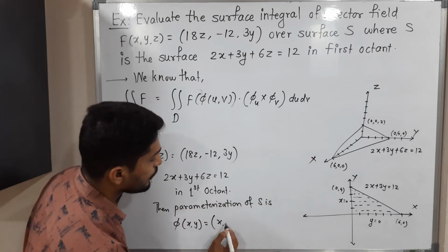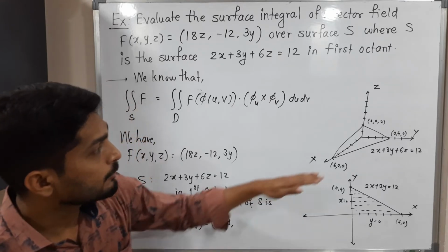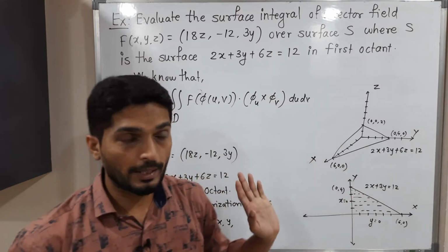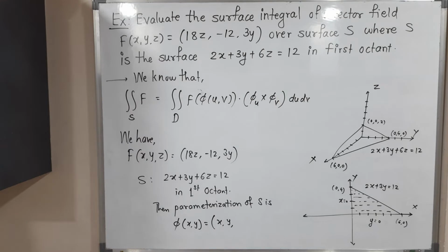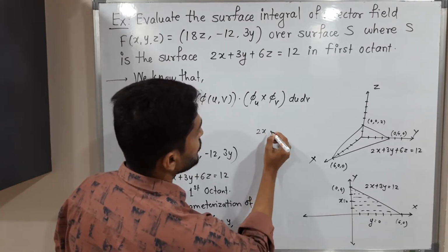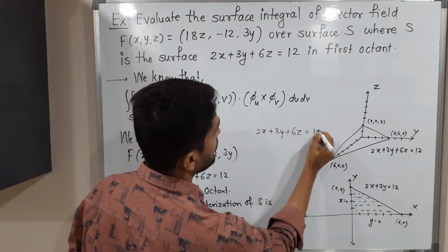So x, y, but for z what do we have to write? What is the equation of this plane? 2x plus 3y plus 6z is equal to 12. If you simplify it, let me show you in the rough. So what is the equation I have? 2x plus 3y plus 6z is equal to 12.